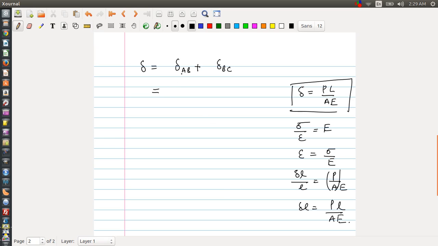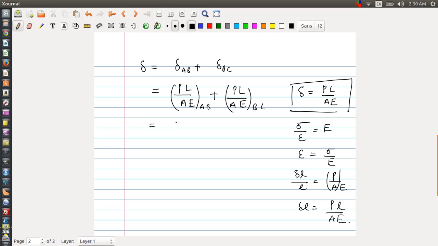We'll just plug in the values in this formula, PL by AE for the portion AB and PL by AE for the portion BC. We have all the numerical values for these individual terms: load, area of cross section, the length of the individual sections, and the Young's modulus. We just plug in and it will give us the right numerical values.